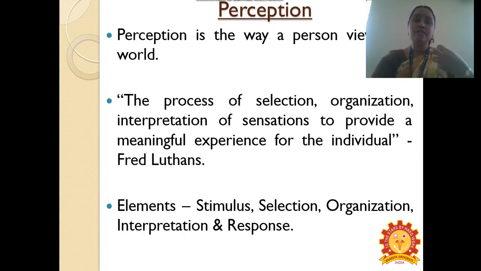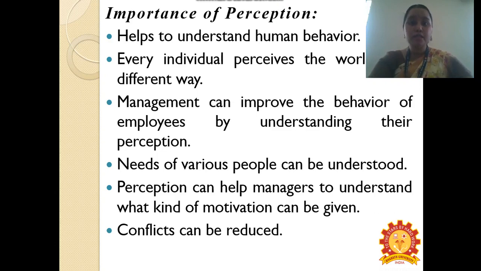So perception is important in organizational behavior so that people are able to perceive themselves and they are able to perceive the other work environments. So there are different elements that form perception, namely stimulus, selection, organization, interpretation and response. So the next slide talks about the importance of perception.